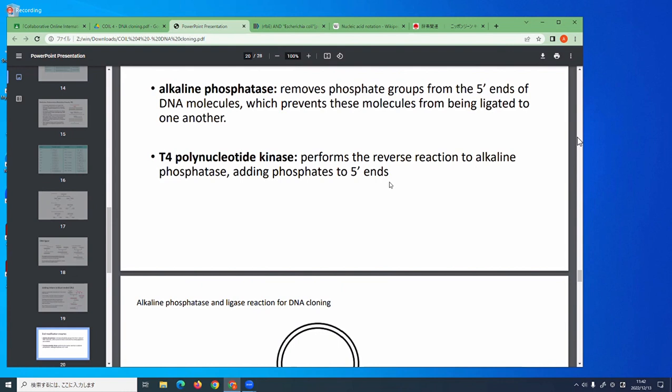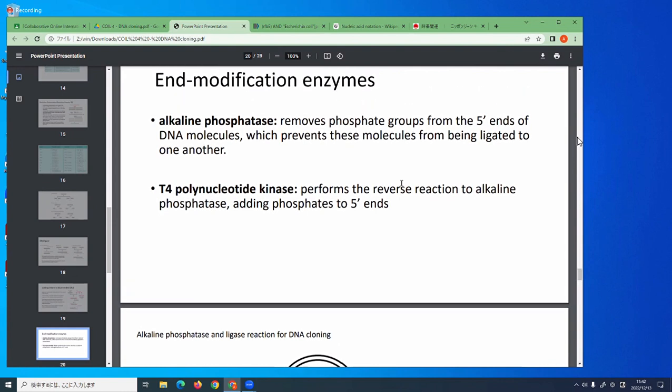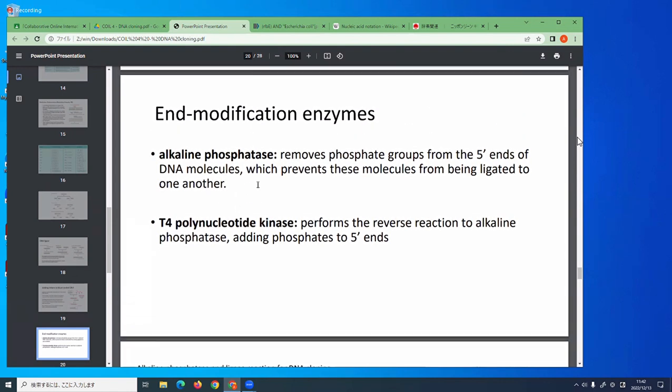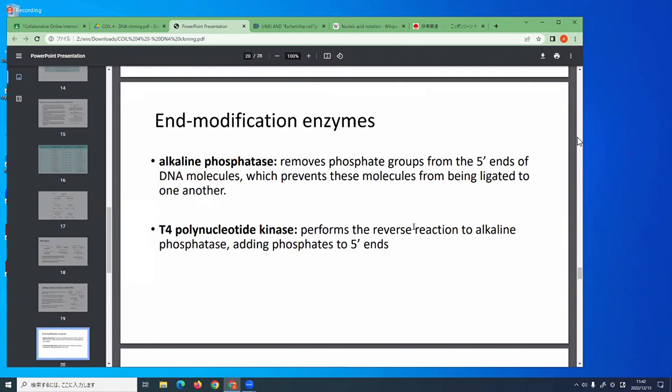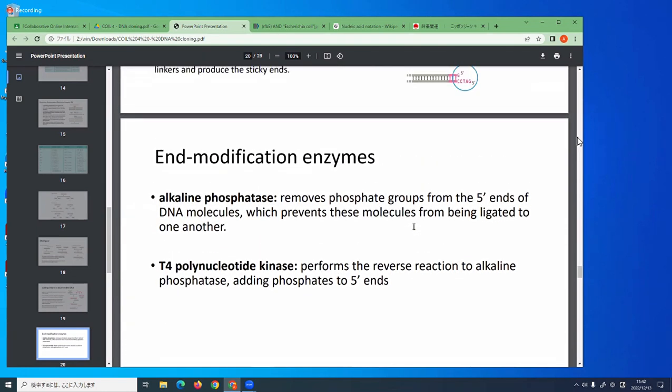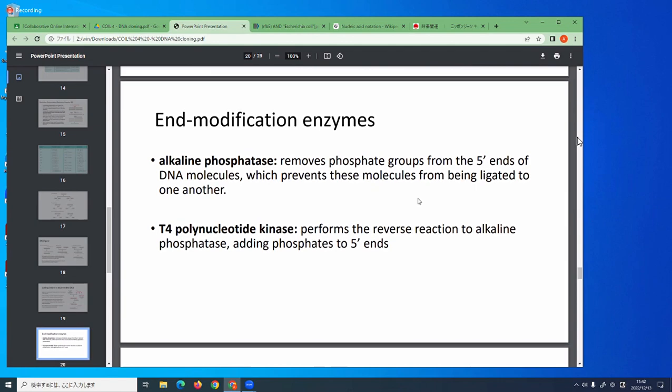So this is a bit technical. When the time comes. And then after that, there's polynucleotide kinase, which performs a reverse reaction of alkaline phosphatase, adds 5' phosphate there, right? So this is the opposite of alkaline phosphatase. So it's not just removing the whole nucleotide, but you can also remove a portion of it, which is the phosphate groups, which is important for joining the molecules.